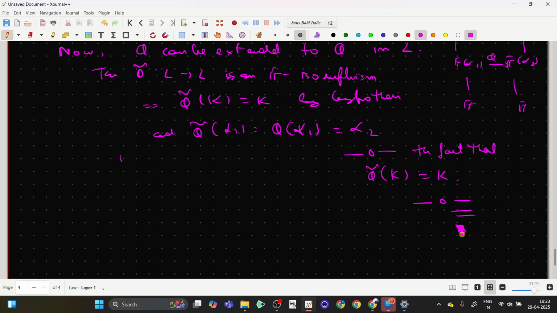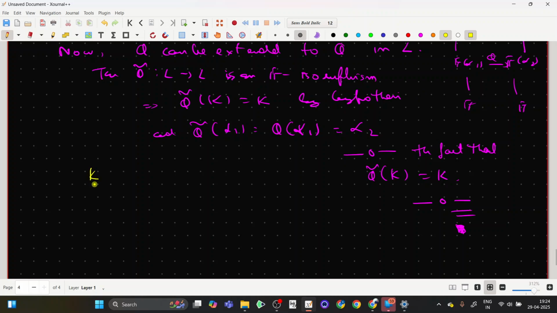Okay. So therefore, given an algebraic extension, what we can try and check for it to be normal is that if I choose an arbitrary element from the extension, then whether the minimal polynomial of that element splits over K or not.